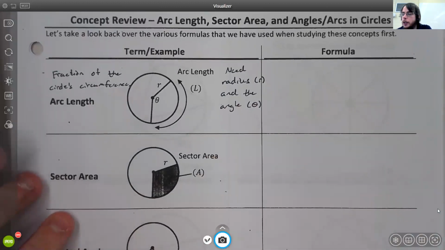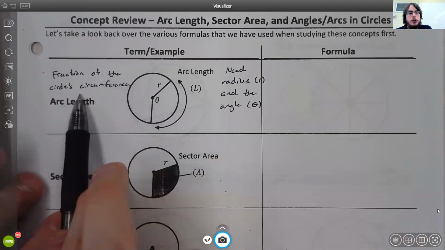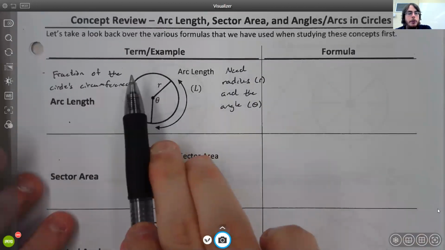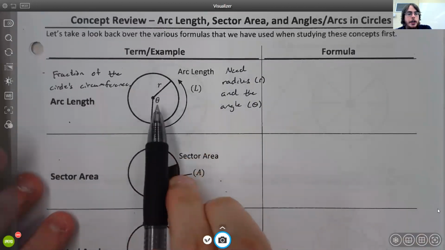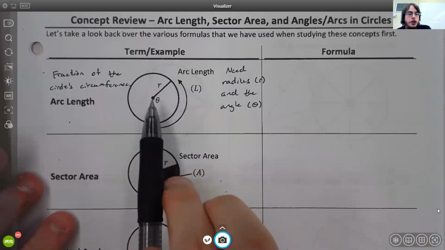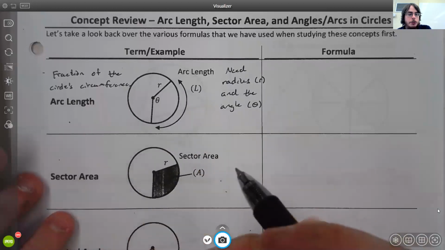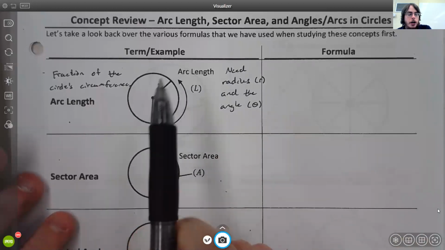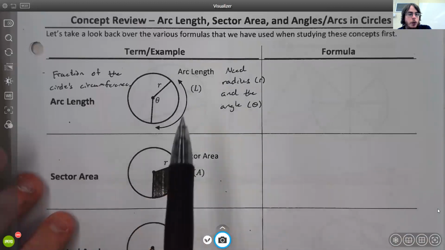So our formula is a fraction of the circle's circumference. The theta, the angle part, is the piece of your circle. If you remember, fractions take place with your part over your whole thing.